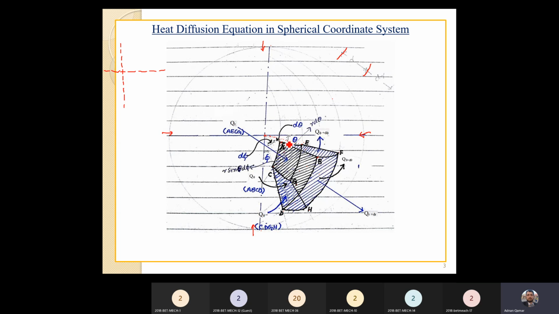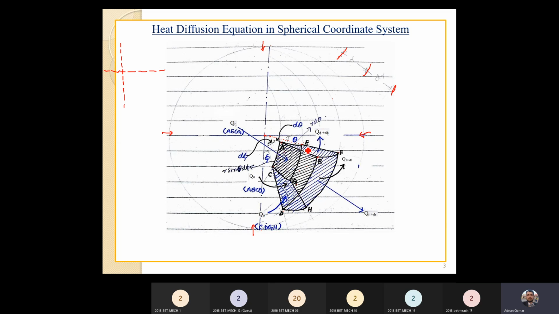So this is the line from here to here and going to the periphery, and from this point E to F, this distance is dr. Dr is representing the thickness of this small element in the radial direction.